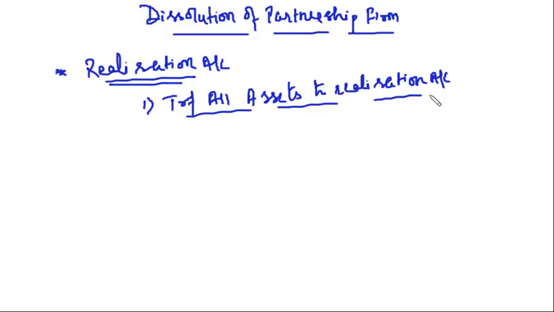We have to collect all assets at one place and put them in one carton. Then that one carton, I named it as realization account. Then from that realization account, we will sell the assets, and from the amount realized, we will settle the liabilities. Clear? This is what we have discussed.